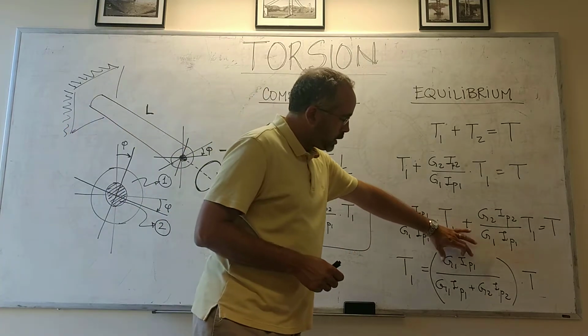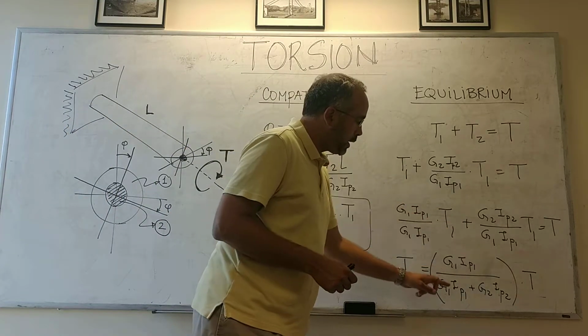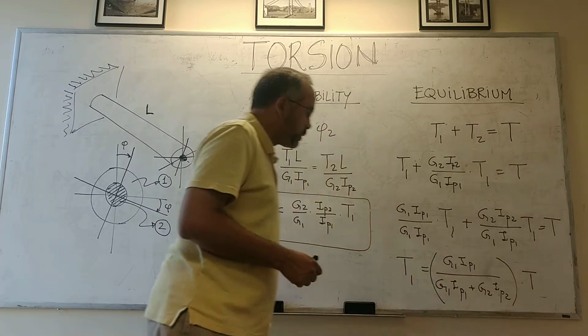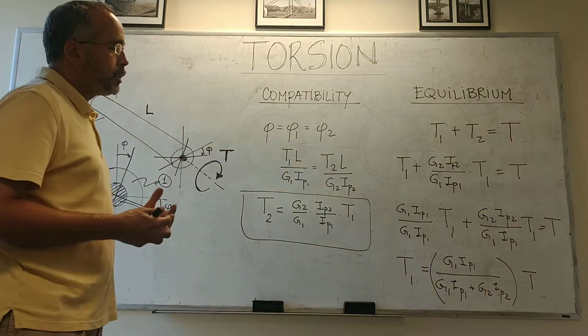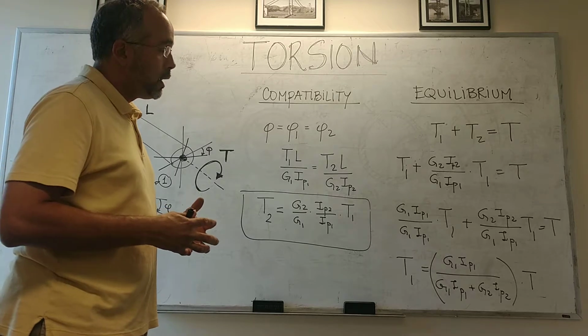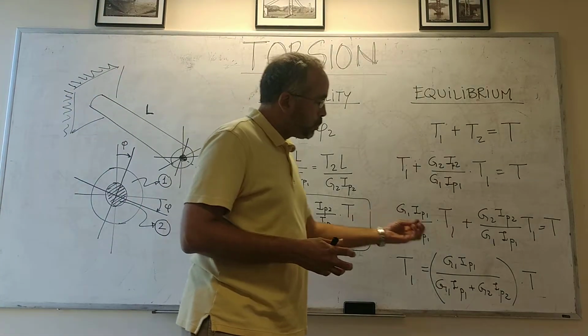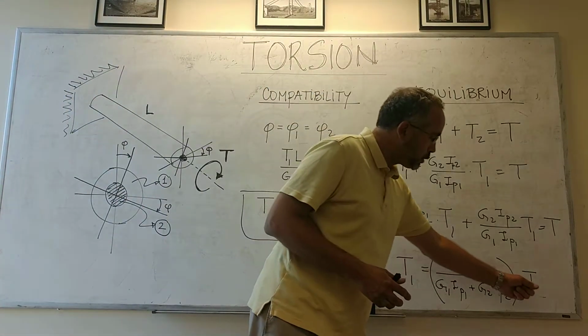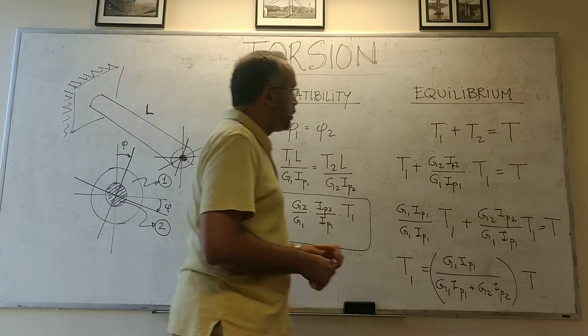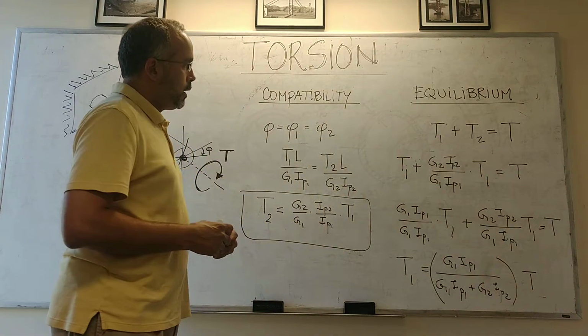The torsional stiffness of material 1 divided by the sum of the torsional stiffnesses gives you a ratio between 0 and 1, and that ratio, that proportion, is the proportion of the total torque that's going to that material.